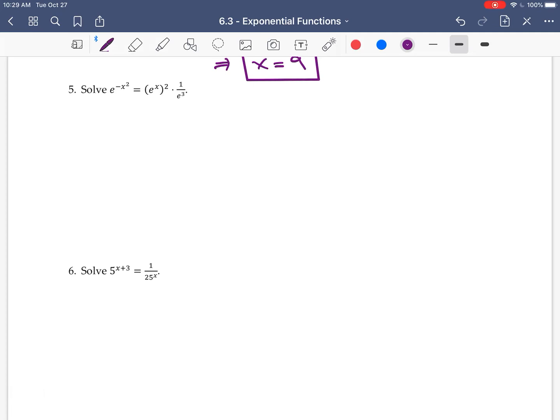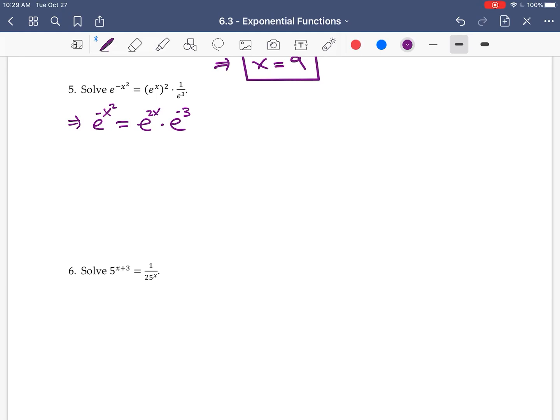I'm going to want to simplify, but it does look like everything is using base e here. So let's simplify. The left-hand side is e to the negative x squared. On the right-hand side, I'm going to multiply those, so it's e to the 2x times, and then 1 over e cubed is actually e to the minus 3.